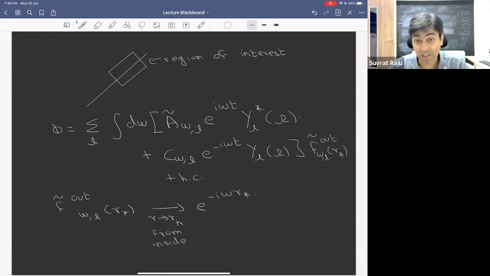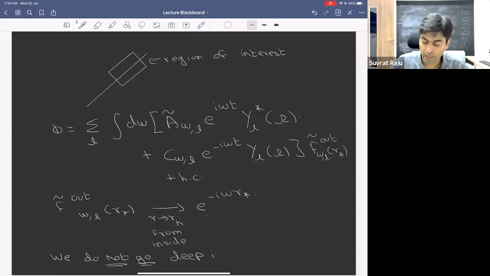There is another solution which goes like e to the plus i omega r star. But the solution that we want, which multiplies what we are calling annihilation operators, multiplies e to the minus i omega r star. So we have a second solution of the Klein-Gordon equation, multiplied by different operators, which gives us an expansion of the field behind the horizon. Now, it's very important that when we write down this solution, we never go deep inside the horizon.